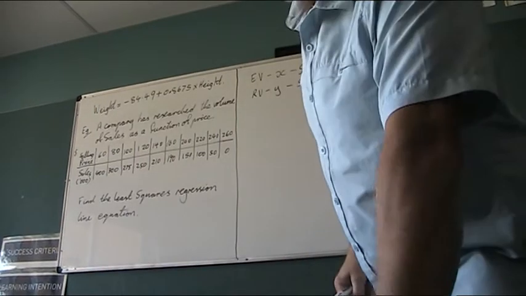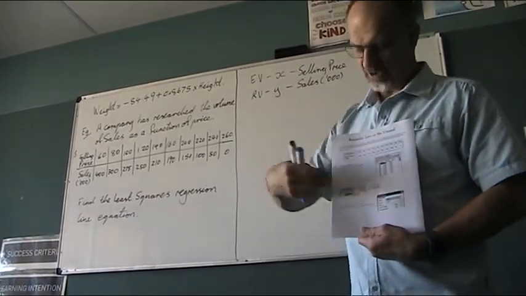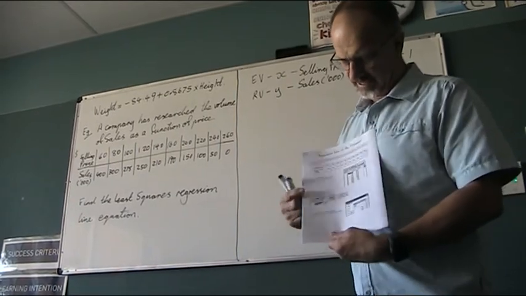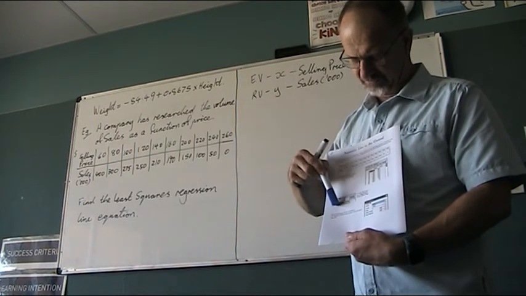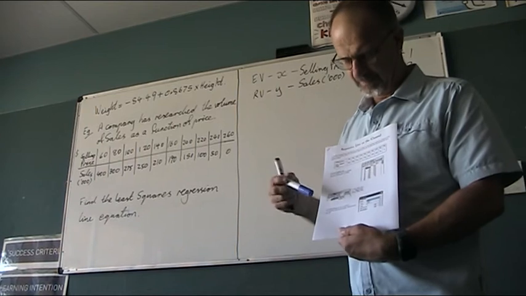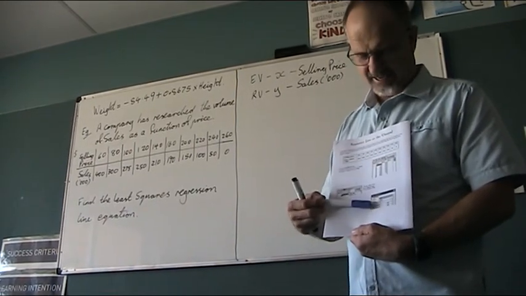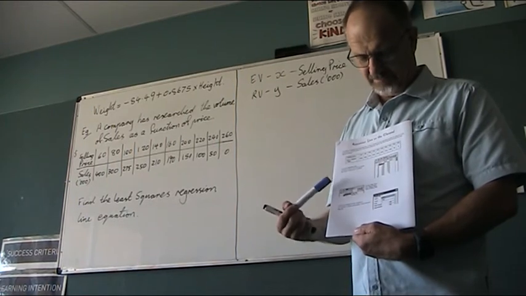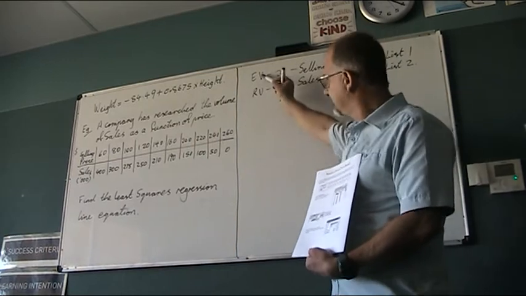So when you do that, as per the instructions, you go up the top to the calculate menu, regression, and linear reg is the one we're after. Then a table comes up asking where is our X list, and our X list is our EV.